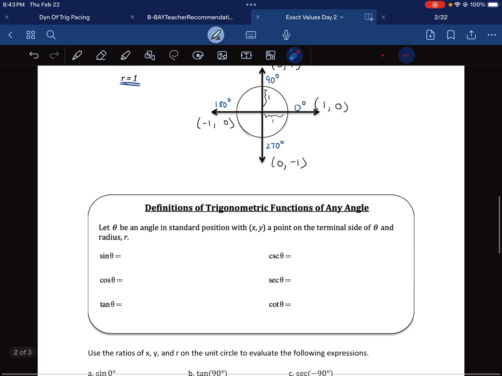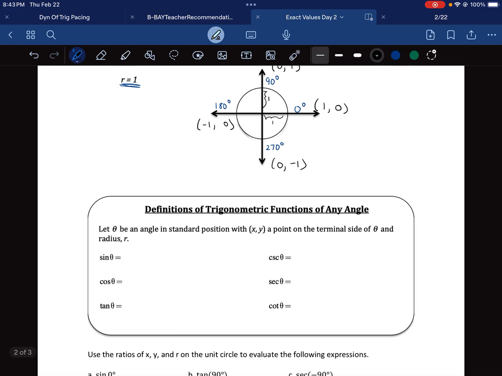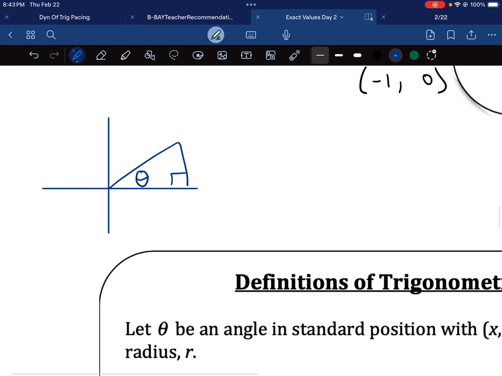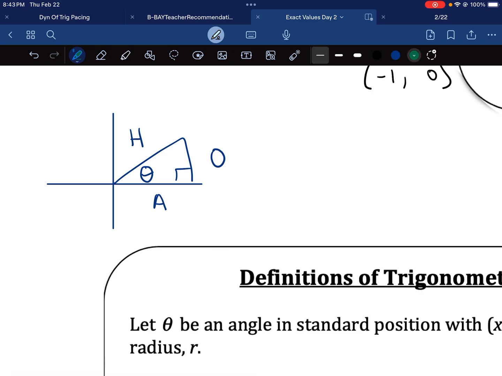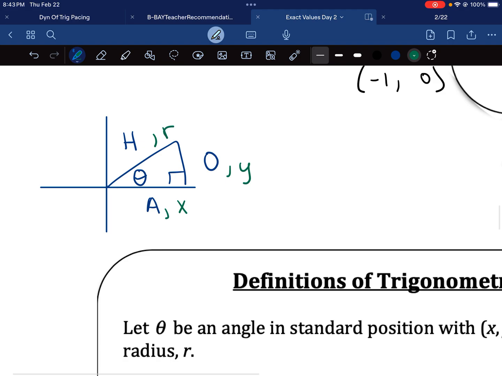All right, before we do, something I just want you to recognize. So far, we've really referred to sine, cosine, and tangent with SOHCAHTOA, right? So if this was opposite, adjacent, hypotenuse, we're really going to start referring to it now as x, y, and r.